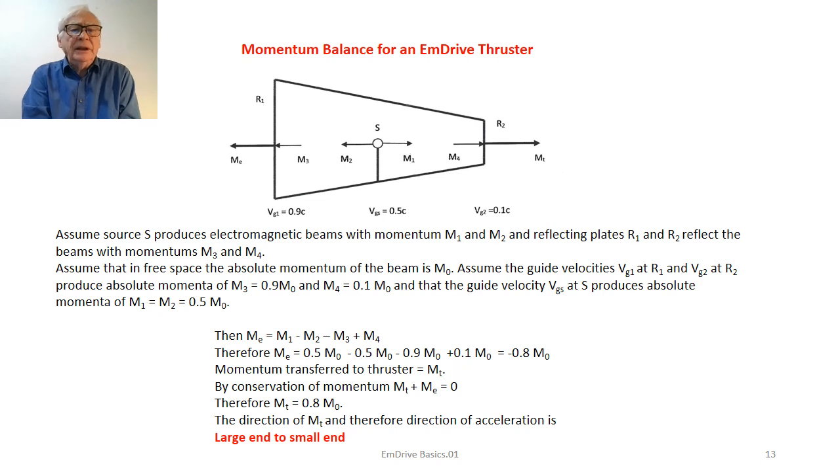So we say that the momentum transferred to the thruster is equal to MT, and therefore by conservation of momentum, MT plus ME equals 0, then MT will equal plus 0.8 M0. Therefore the direction of MT, and therefore the direction of acceleration, is large end to small end.